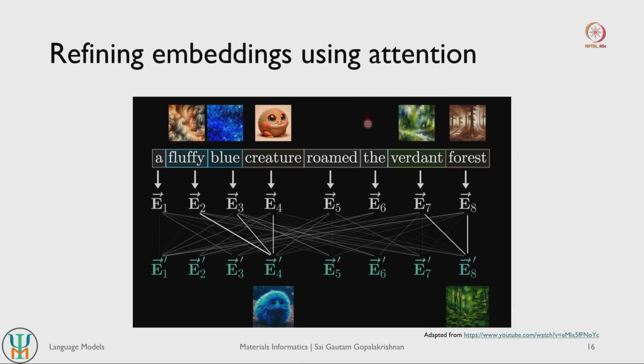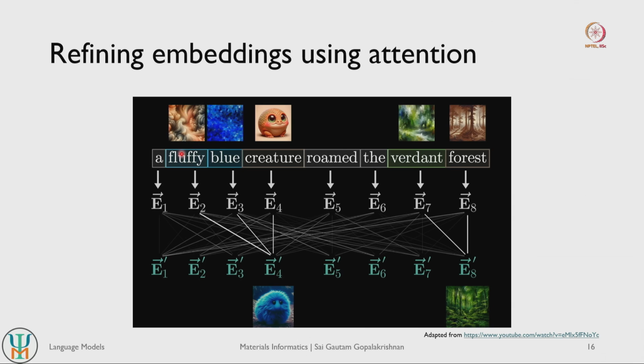And the other nice thing with attention that is usually implemented in transformers is that it also ends up refining the original embeddings that you use to represent your input data. So for example, let us say this was your original sentence: a fluffy blue creature roamed the verdant forest. Initially you may have a representation for fluffy itself, which would actually be represented as a mathematical vector, but I am just showing a graphical form here.